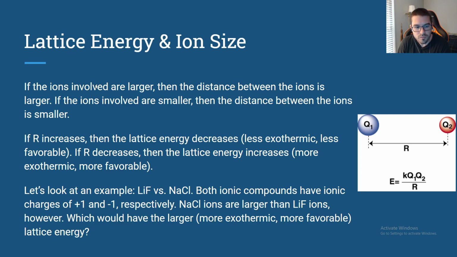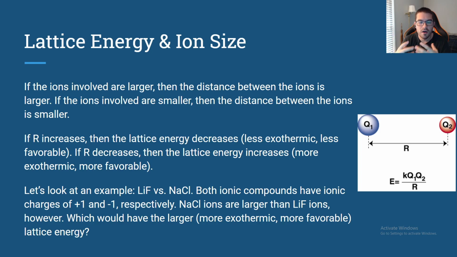If you have large ions, the distance between those ions is going to be larger, which means R or D, whichever variable you want to use, the distance between the ions, is going to be bigger. That means the lattice energy is going to be smaller. The positive and negative ion can't get as close to each other as they might like due to their size, and so it's not as favorable.